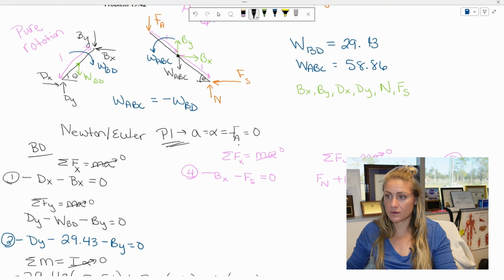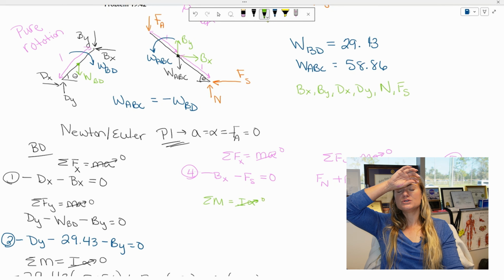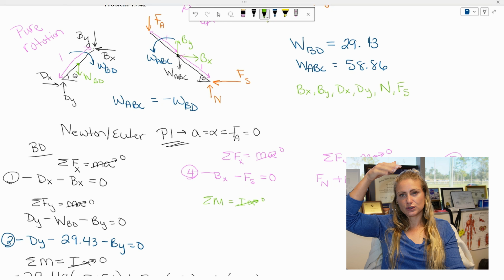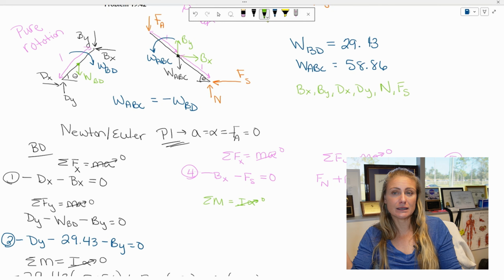I'm going to go ahead and put in the sum of the moments equals I alpha. In position 1, it's in equilibrium, that goes to 0. Now, again, we have to pick a point. I need you to understand that we are using Newton-Euler, which means that the forces that we're looking at have to be constant. They can't be a function of anything.